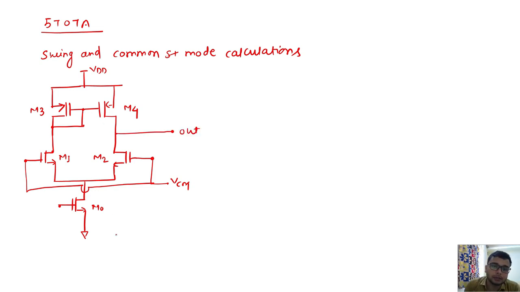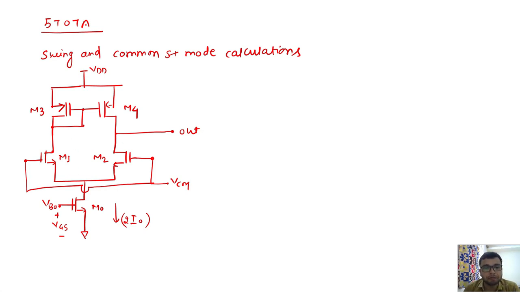For this particular structure we define this 2I naught value. Once 2I naught is given, with that value we can calculate the VGS here, and so VB naught. The bias voltage VB naught is calculated from this 2I naught current. I naught is flowing across M1 and I naught is flowing across M2.